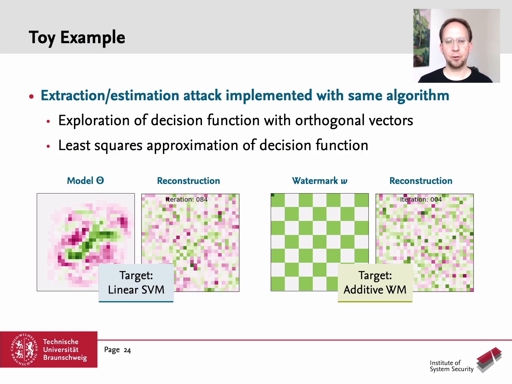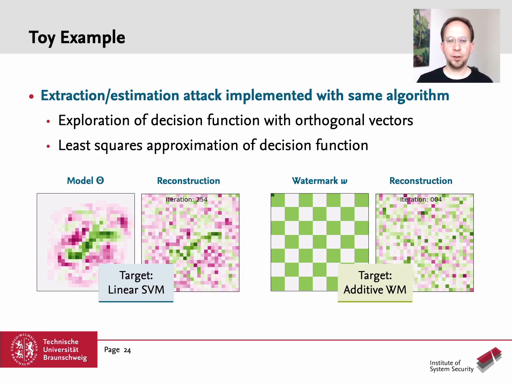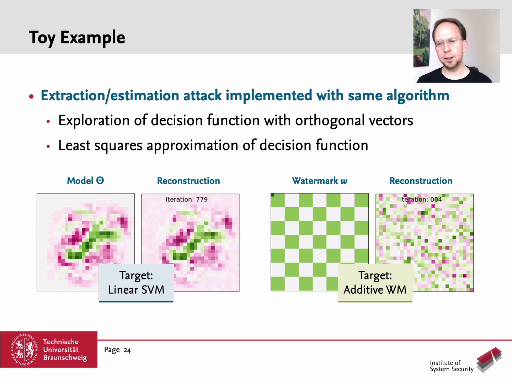So I'm throwing the vectors at it. The iteration number is basically the number of vectors I'm throwing. You can see that after maybe 300, 400 vectors, I get a very good approximation of this learning model. And after 779 queries, I get an exact copy. This is basically the result.